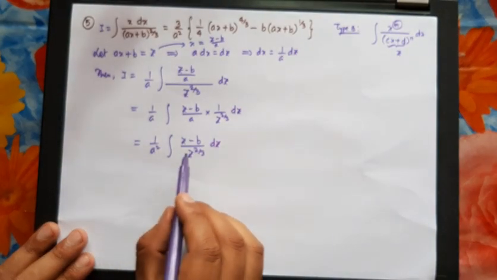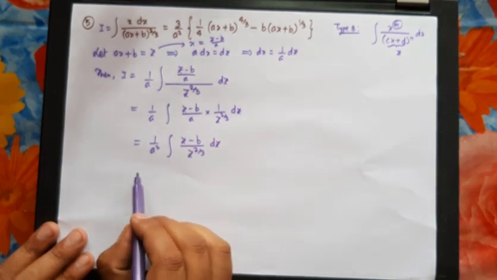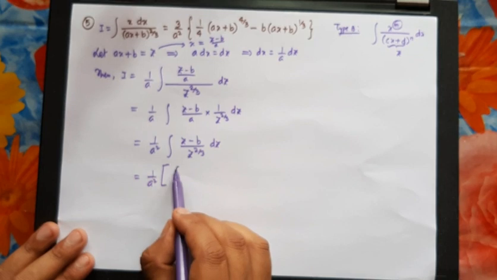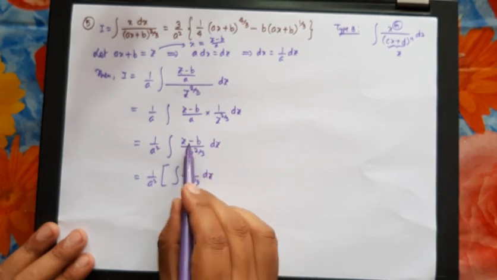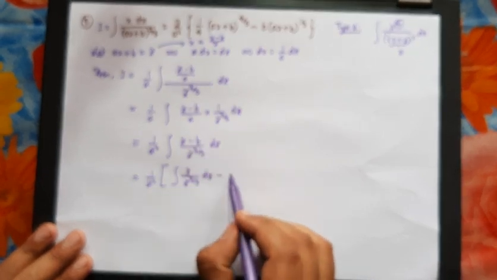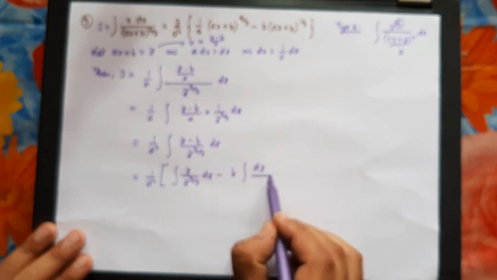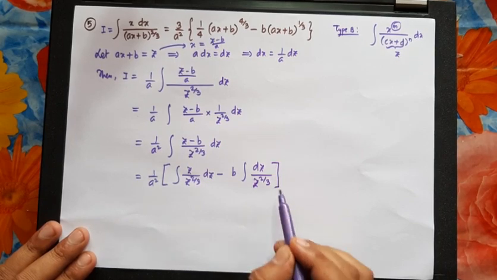Now let us distribute this division over this minus sign, keeping the a square. So let me write z by z to the power 2 by 3 dz minus b, which can be kept outside the integral sign, dz by z to the power 2 by 3.